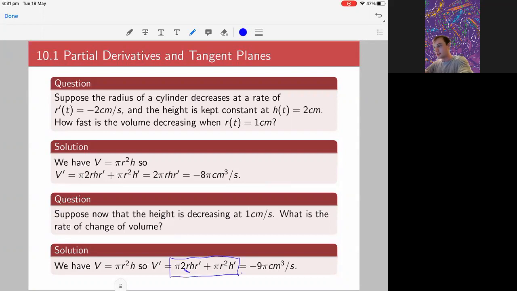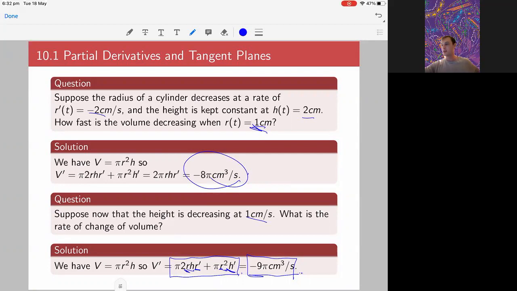Well, r is again 1, h is still 2, r prime is again minus 2, r squared, well, 1 squared, h prime, that's 1 centimeter per second. And this time we see, as we would expect, that the volume is changing more quickly than it was last time because height is decreasing. Now we've got minus 9 pi centimeters cubed per second.